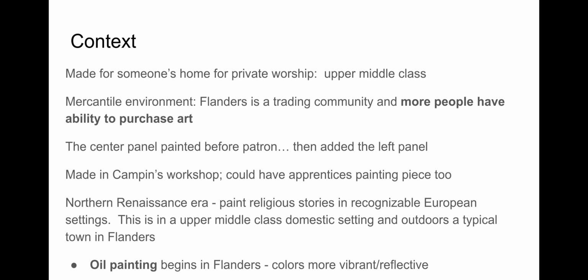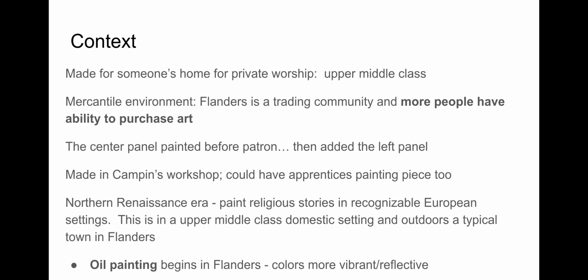So you'll notice that the homes that the Virgin Mary and Joseph and other religious figures are in are very much the upper middle class domestic settings and or places that would be found in the north during the 1400s. So that's one in the outdoor setting, and what you're going to see is typical of that particular time and place as well. So again, it makes the stories relatable.